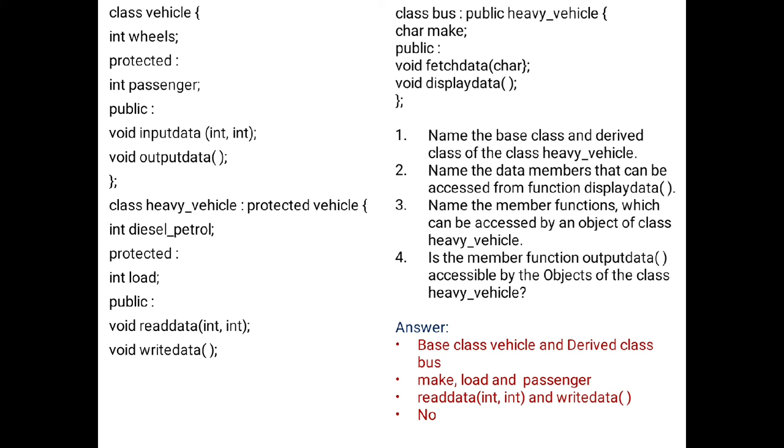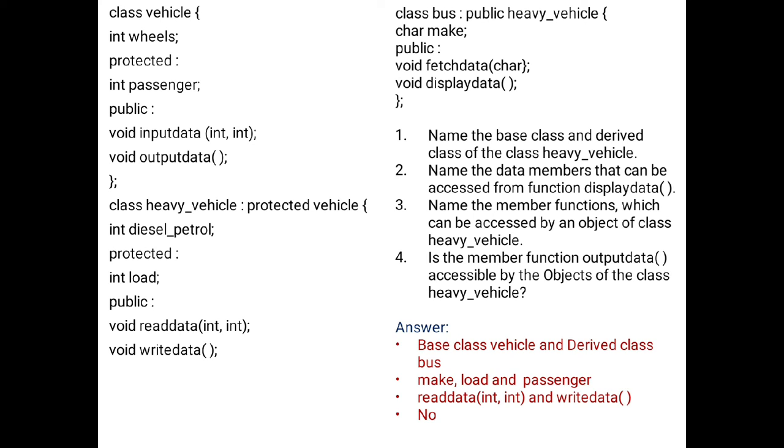Along with that, it can also access load and passenger, because the class bus is publicly able to access the class heavy vehicle data members. It cannot have access to the private data members, that is diesel and petrol, but it can access the protected data member, that is load.